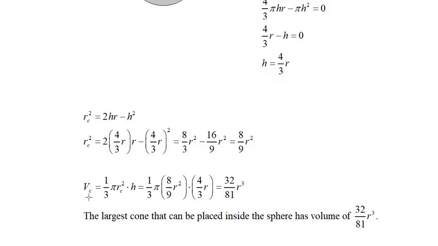The volume of the cone is 1/3 pi r sub c squared times h. R sub c squared is 8/9 r squared. H is 4/3 r. And so we end up with 32/81 r to the third.